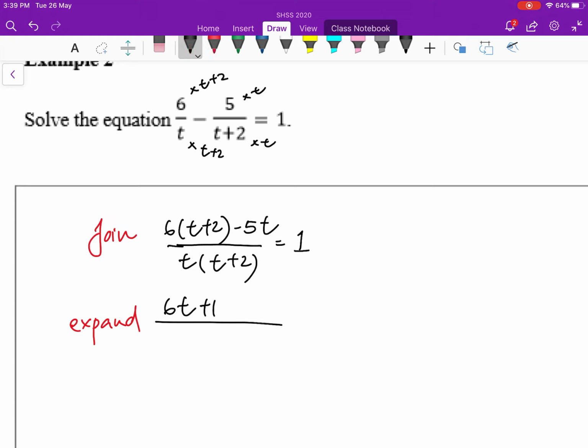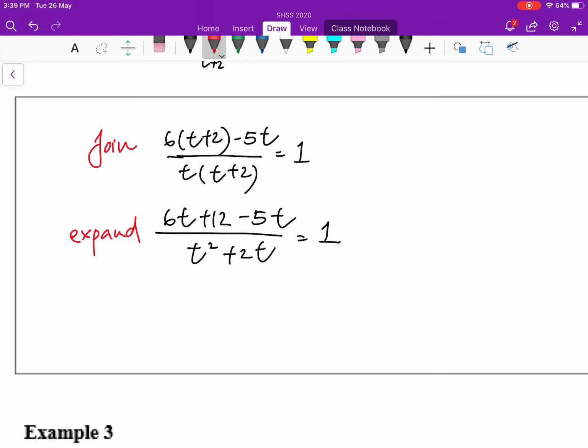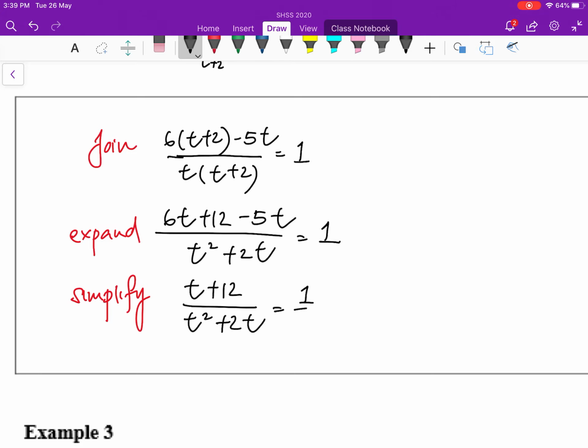Six t plus 12 minus 5t over t squared plus 2t equals to 1. Simplify. 6t minus 5t is t, plus 12 over t squared plus 2t equals to 1 over 1.